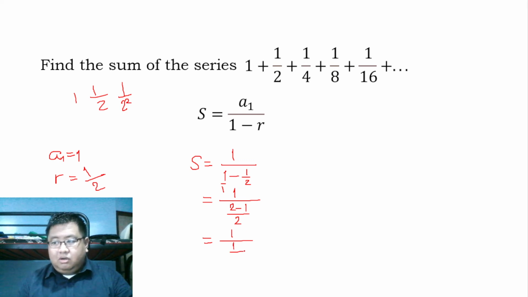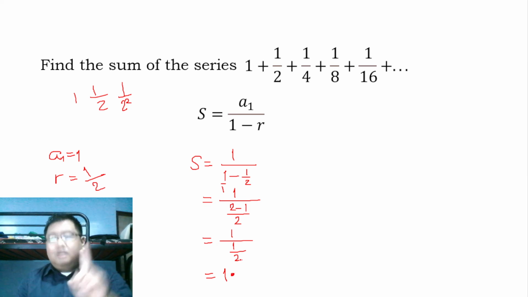So we have 1 over 1 half: a number, our numerator, divided by a fraction. Remember, when we divide by a fraction, we copy the numerator 1, then proceed instead to multiplication, and use the reciprocal of the divisor or denominator.